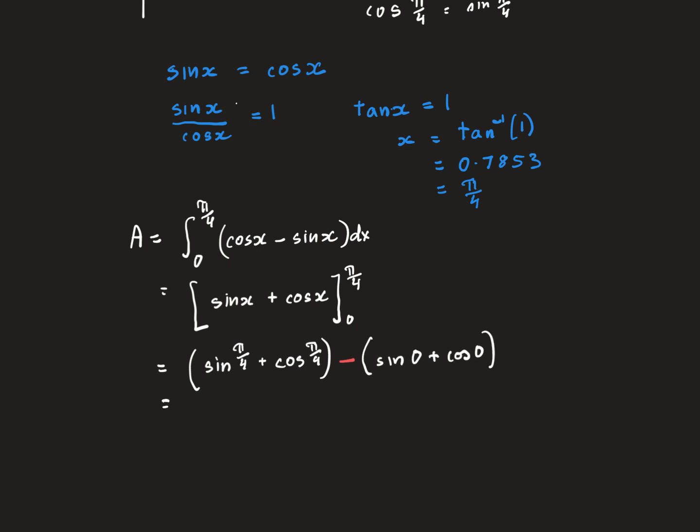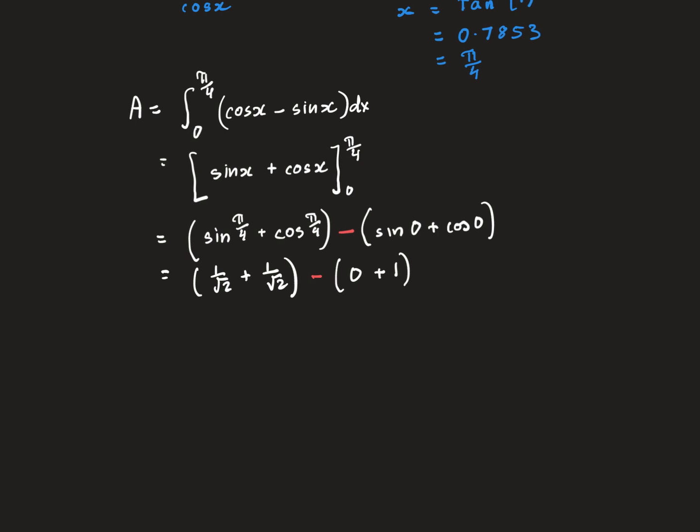Now, sine pi on 4 is 1 on root 2 plus cos pi on 4 is also 1 on root 2, minus 0 plus 1. So once we work it out, we'll have 2 over root 2 take away 1.